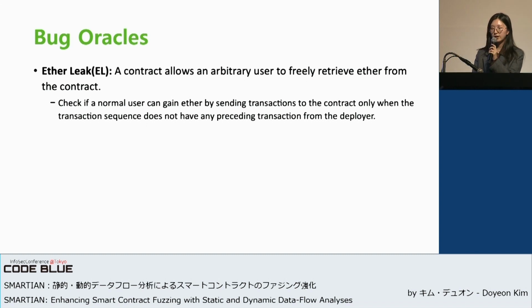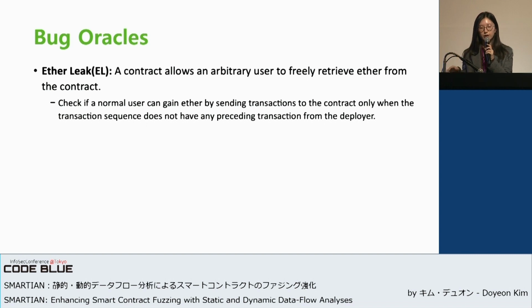Actually, we solved this issue very heuristically, but we saw lots of smart contracts where the deployer is mostly the owner of the smart contract, and the owner usually has permission to transfer either to someone.